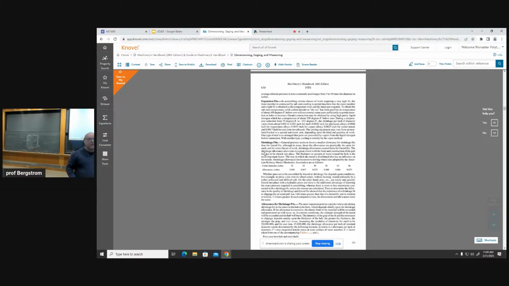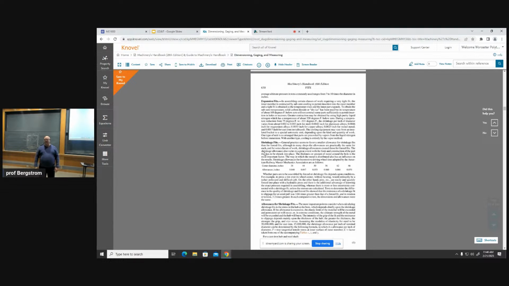Hey, what are we going to do tomorrow? I'm going to get a whole bunch of Machinery's Handbooks and lay them out on the table and make you guys look stuff up. That's what we're going to do tomorrow. Be prepared to go to the library's website on your computer or your smart device. We are going to have a competition in our groups to look stuff up from the Machinery's Handbook and find stuff out.